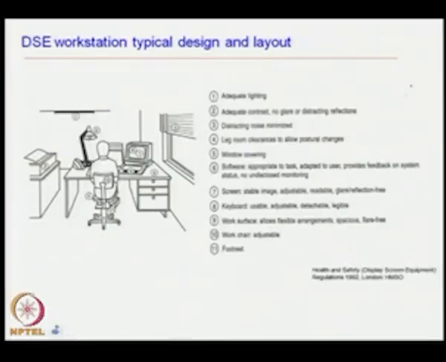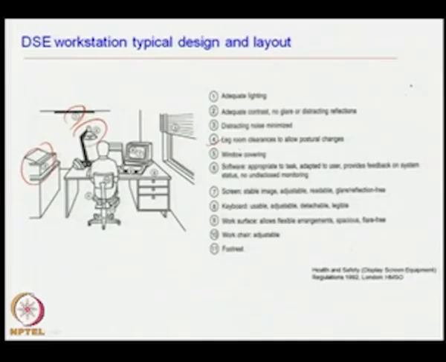Now, from this again we can describe a typical design of workstation and layout. Like in this case, number 1 is adequate lighting sources, number 2 is localized light source, adequate contrast, no glare and distracting reflections, number 3 is distracting noise minimized, this printer and so on.